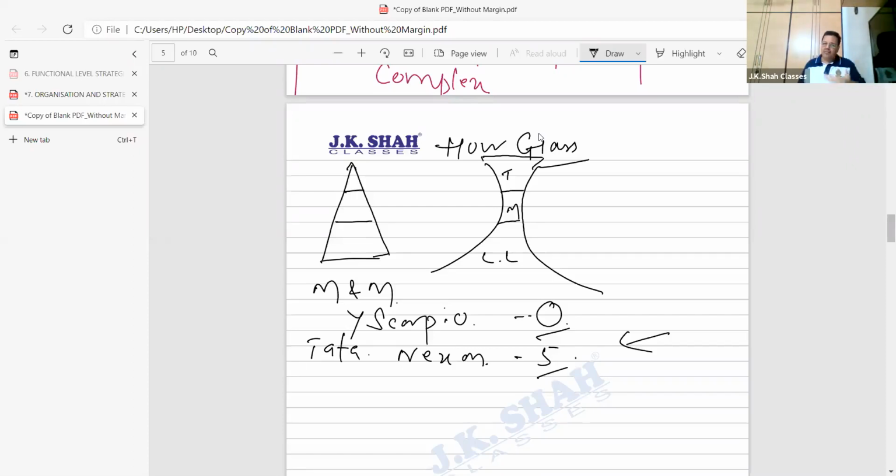So he was very disturbed that his company is to be blamed actually. Directors are not giving a reply. What Ratan Tata did, Ratan Tata is from the corporate level. He straight away called Mr. Bose, who was the factory manager of Tata Steel. And the Tata Steel factory manager is the third level.